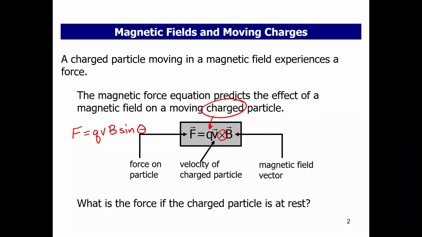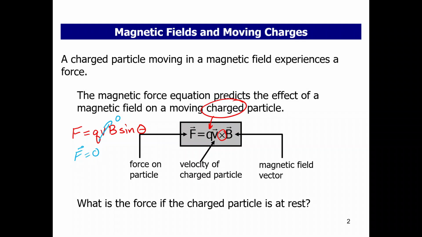So what is the force if the charged particle is at rest? Well, there is none. If our velocity was equal to 0, then our force would equal 0. Magnetic fields exert forces on charged particles as long as the charged particle is moving.